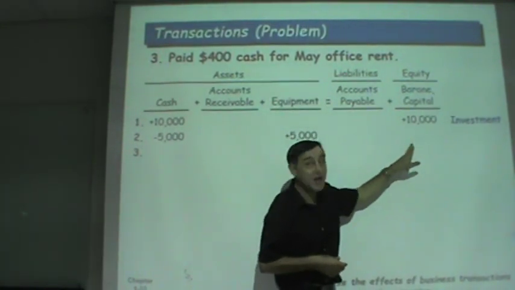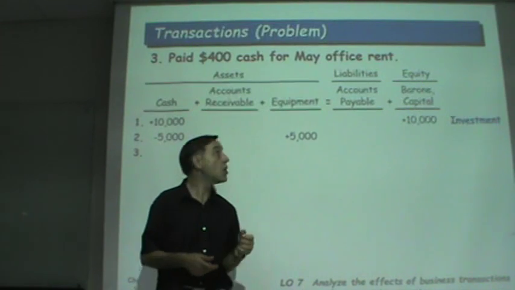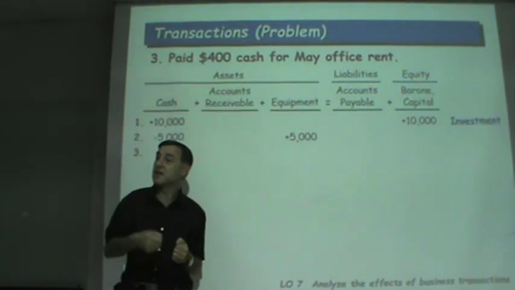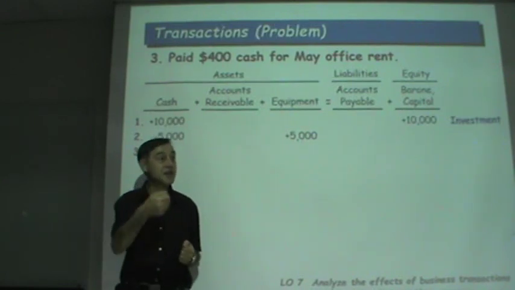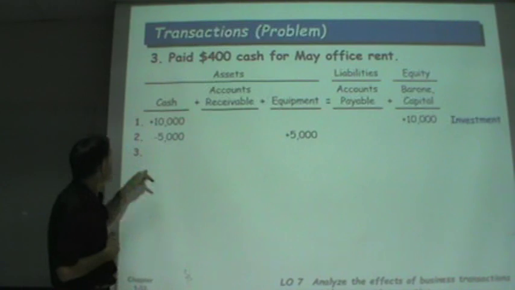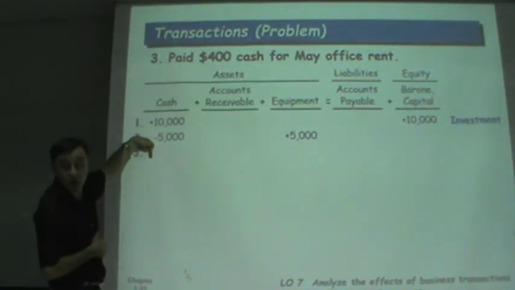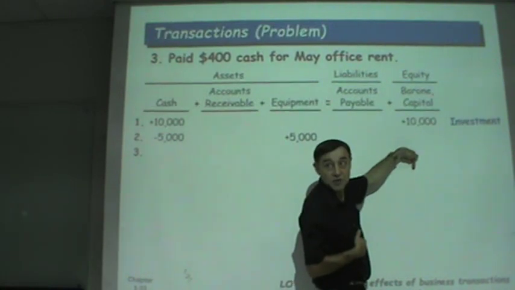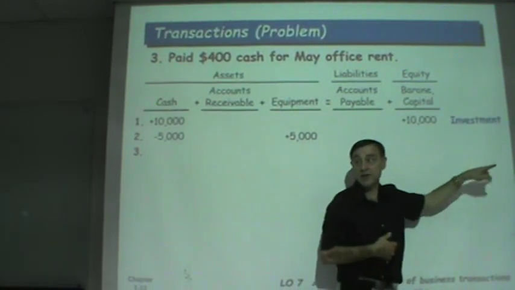And this one will be equity. So, paying cash for office rent is an expense, is a rent expense. An expense reduces equity. So, this will be minus 400, and this one here, minus 400. And this one should be rent.